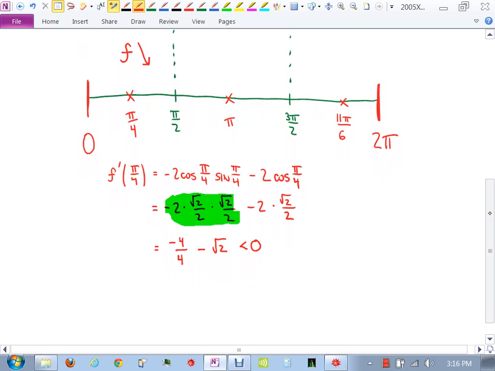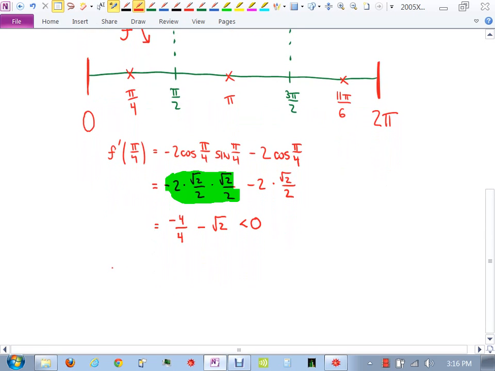Y'all get what's happening or not? Okay, let's just figure out what f prime of pi is. Negative 2, what's cosine pi? Negative 1. What's sine pi? 0. Minus 2 times what's cosine pi? Negative 1. This turns out to be 2. That's bigger than 0.